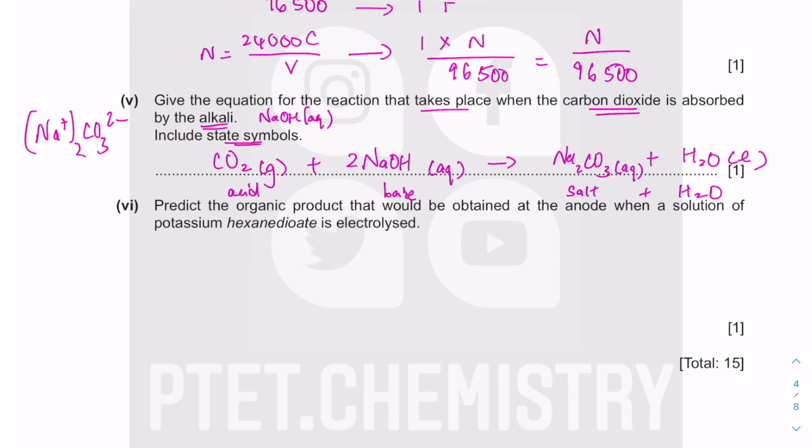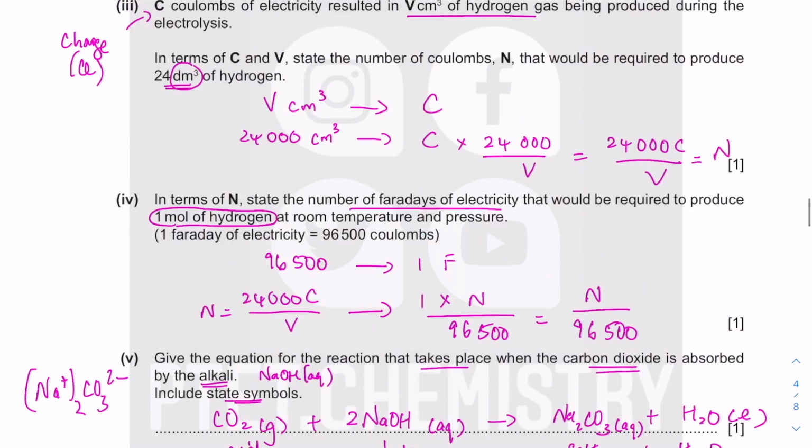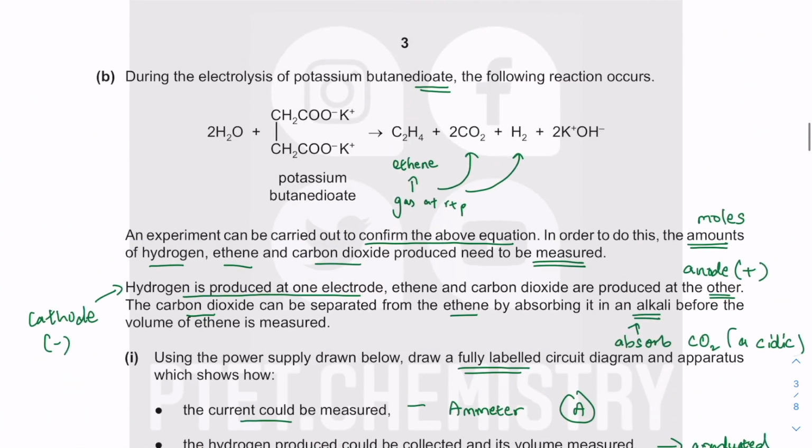The next bit of the question, which is the last bit of this section 1 on electrochemistry planning kind of question: predict the organic product that will be obtained at the anode. Instead of using butane diolate, you use hexane diolate. So this is 6 carbon. With butane diolate, just now you kicked out 2 CO2.